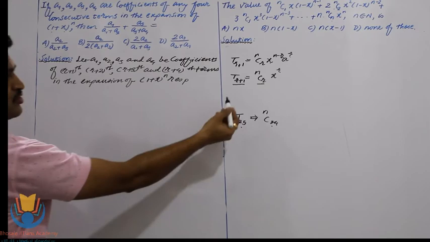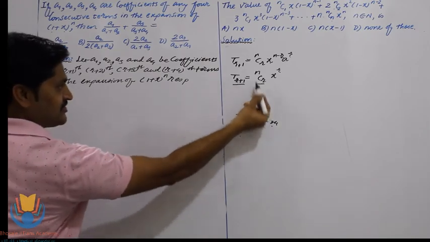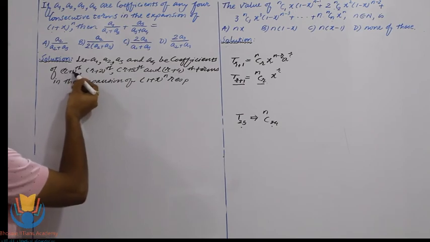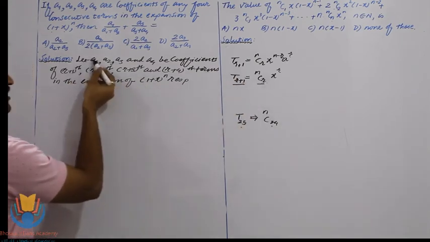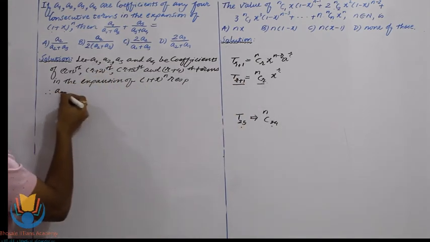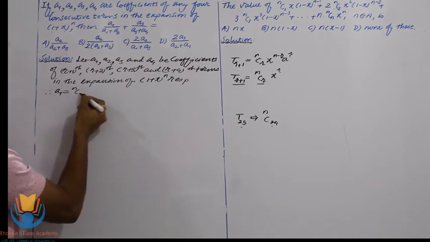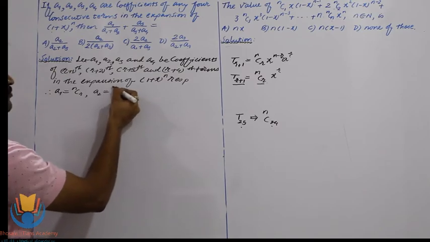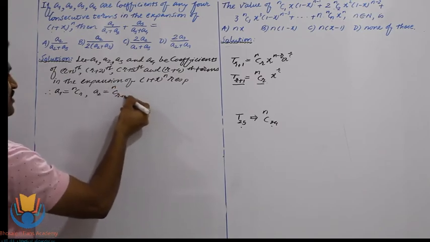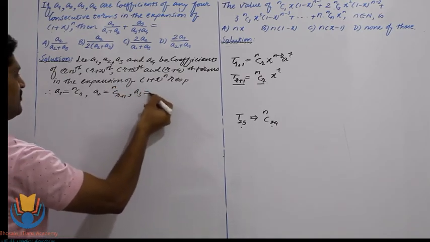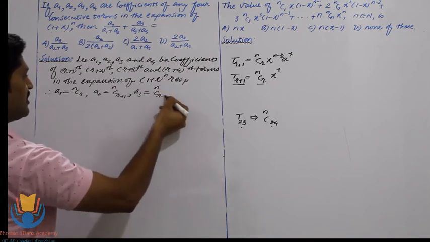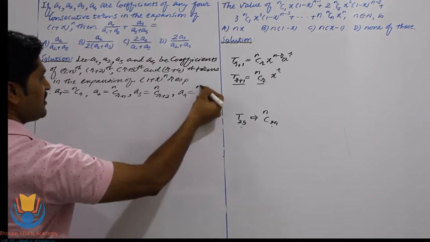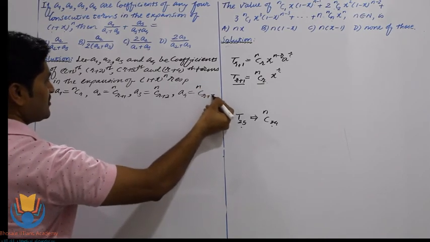As you can see here, the coefficient of the (r+1)th term is always nCr. So here also the coefficient of the (r+1)th term is going to be nCr. So the value of A1 is nothing but simply nCr. Same about A2: A2 will be equal to nC(r+1). A3 will be equal to nC(r+2), and the value of A4 is nothing but nC(r+3).